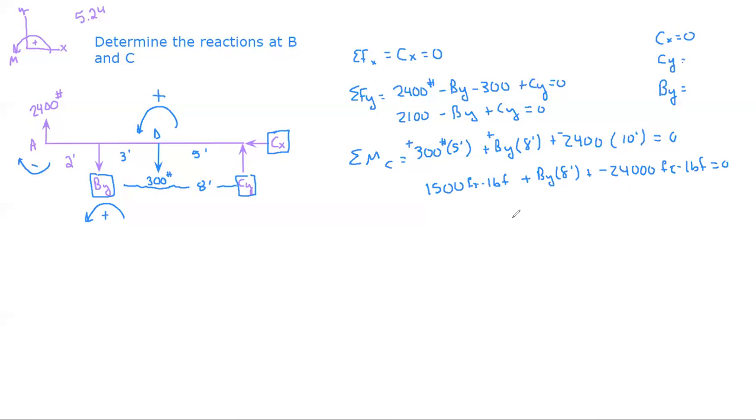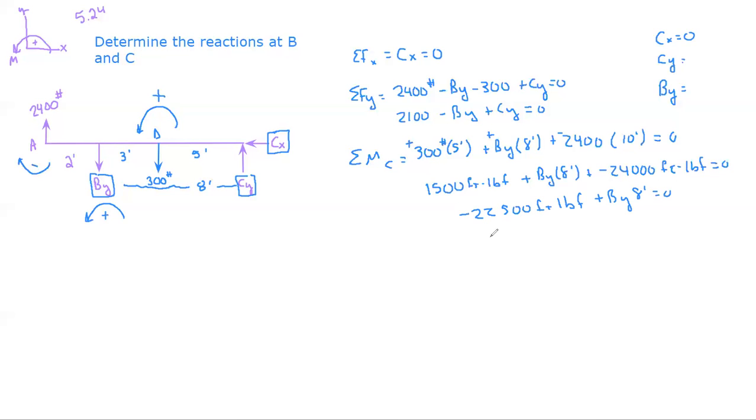I think I may have misspoke, so let me get the vocabulary correctly. It's 1,500 plus negative 24,000. Combine those terms, they're alike. We get negative 22,500 foot-pound force plus By times 8 feet is equal to 0.